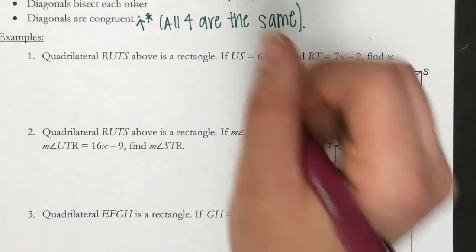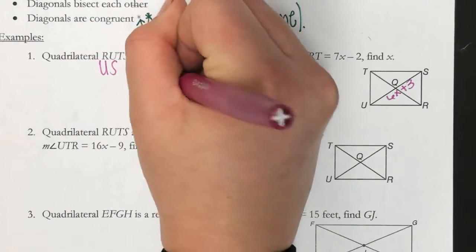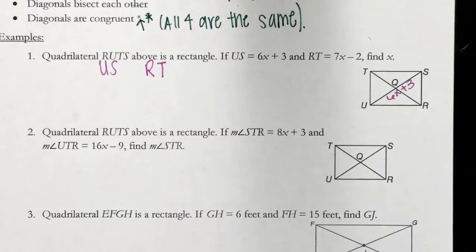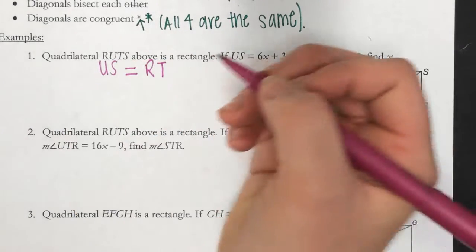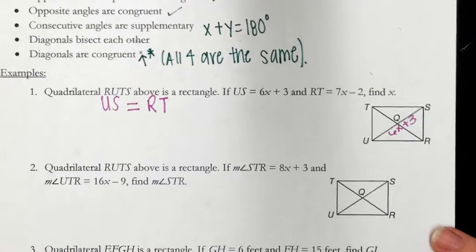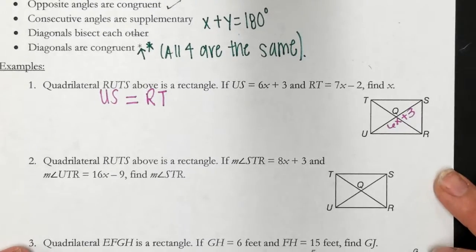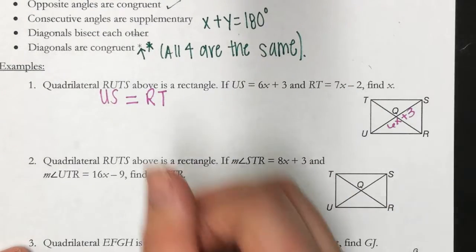Well, what do I know about US and RT? They are congruent. US is equal to RT. So all you have to do is set these two equal to each other.